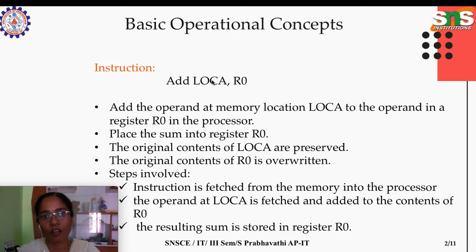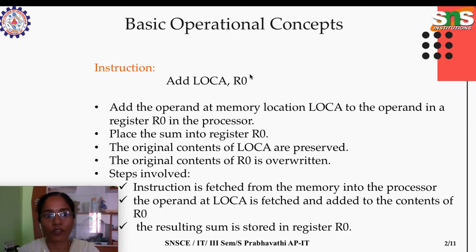After adding location A value and R0, the result is stored in R0, whereas location A's value is preserved, in the sense its content is not altered. These are the steps involved in executing this single instruction. A set of such instructions is said to be a program.